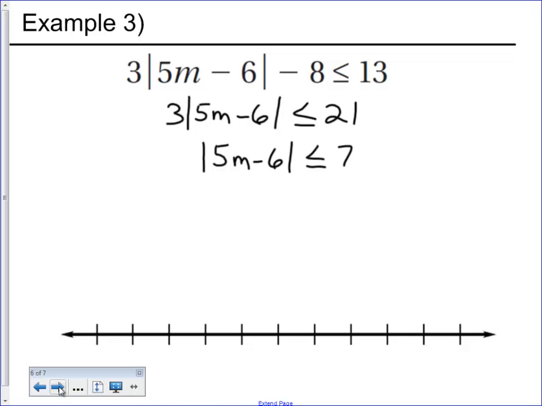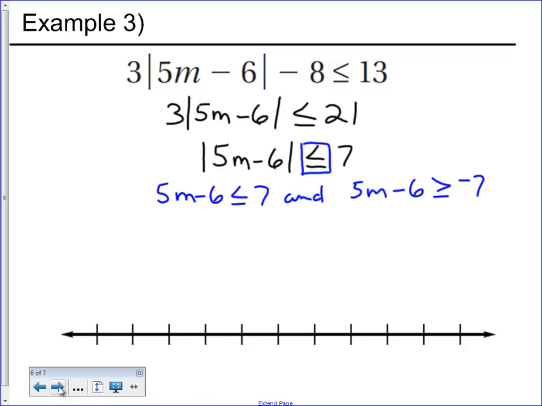And again, the inequality symbol is facing away from the absolute value, which means I will have an AND, or an overlap scenario, one compound inequality. So 5m minus 6 is less than or equal to 7, and at the same time 5m minus 6 is greater than or equal to negative 7.